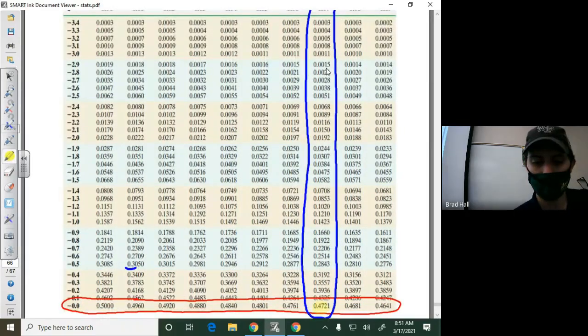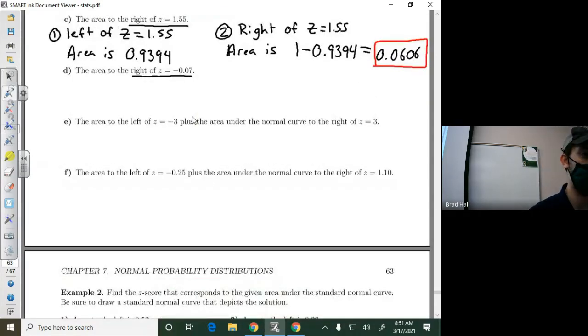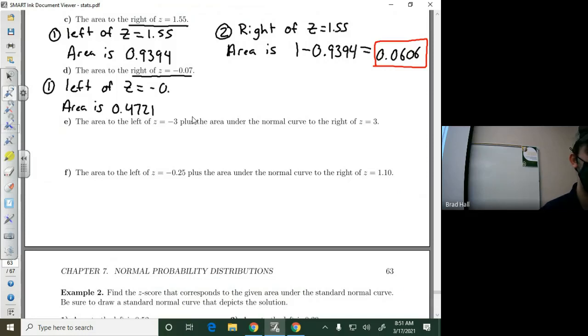And we have 0.4721. And this should make sense that we have an area close to 0.5 because an area of 0.5 is 1/2 of the normal curve and 1/2 on the other side.